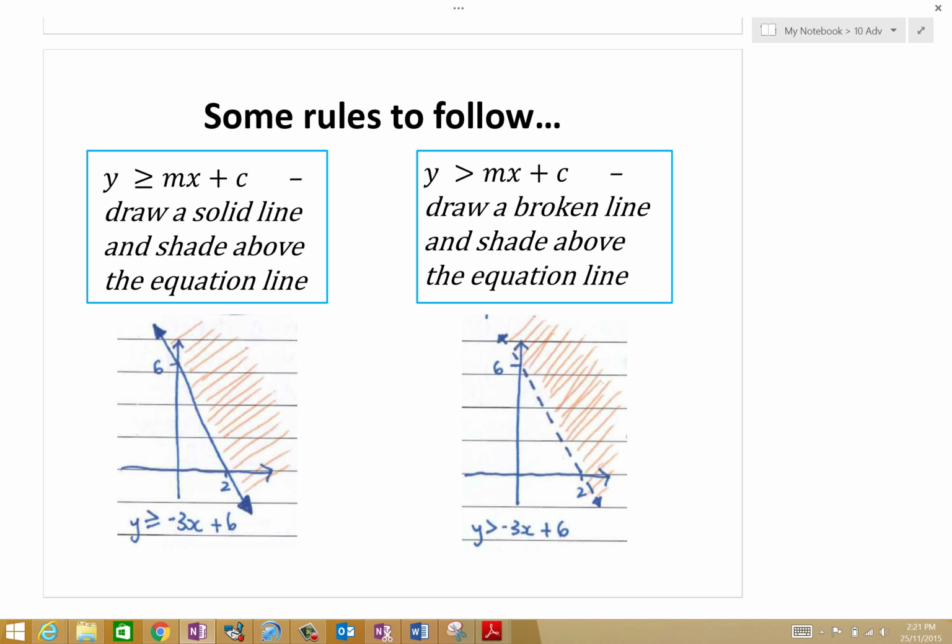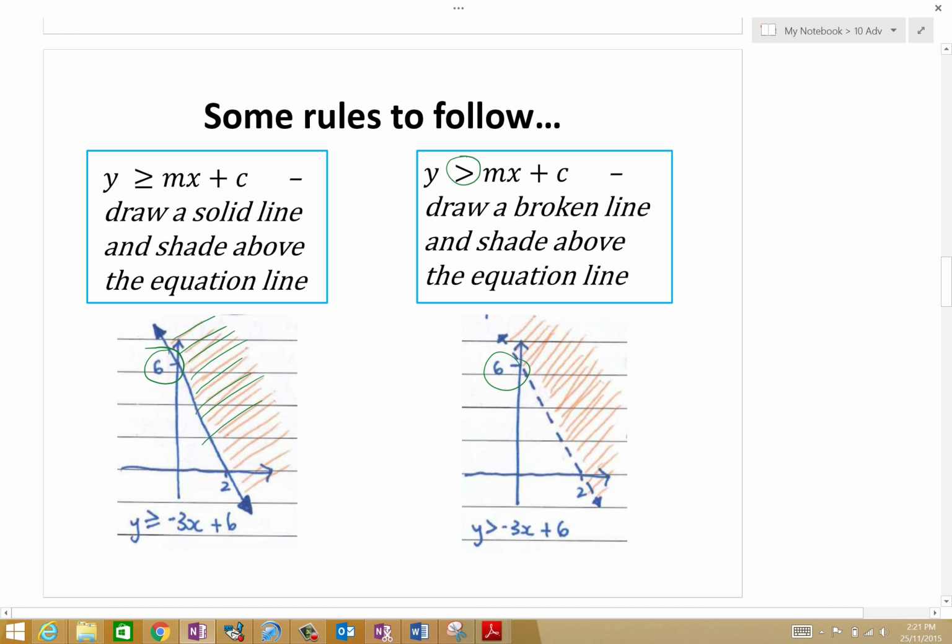If I was sketching y is greater than or equal to minus 3x plus 6, it's the same line. We still have the same intercepts, and of course, we're looking at the region above the line in this case because it's greater than in both cases. But because this one is non-inclusive, we would use a dashed line.